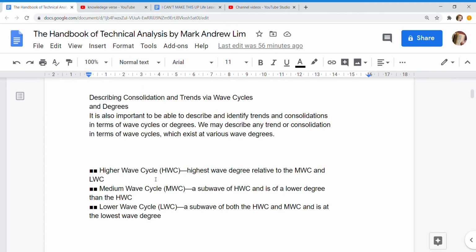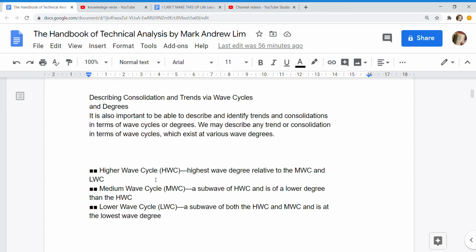It is also important to be able to describe and identify trends and consolidations in terms of wave cycles or degrees. We may describe any trend or consolidation in terms of wave cycles, which exist at various wave degrees. Higher wave cycle, HWC: highest wave degree relative to the MWC and LWC. Medium wave cycle, MWC: a subwave of HWC and of a lower degree than the HWC.